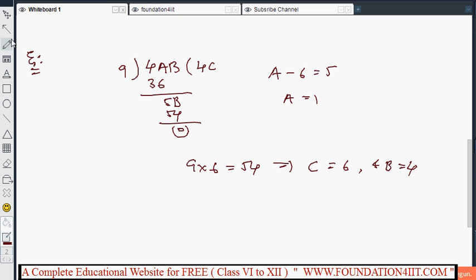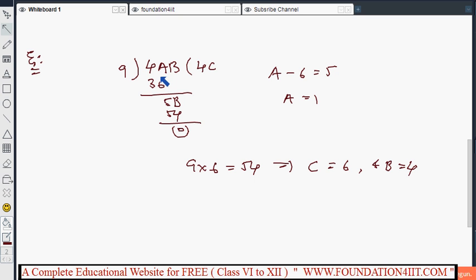So first I calculated 41 minus 36, because 4 4s are 16, 9 4s are 36. So 41 minus 36 is 5. That's why A is equal to 1.